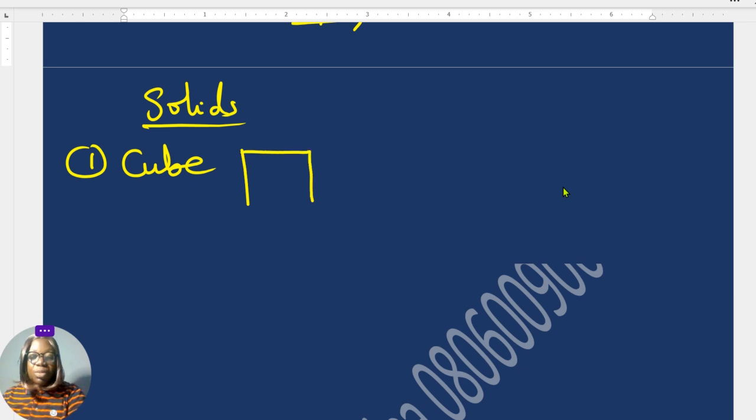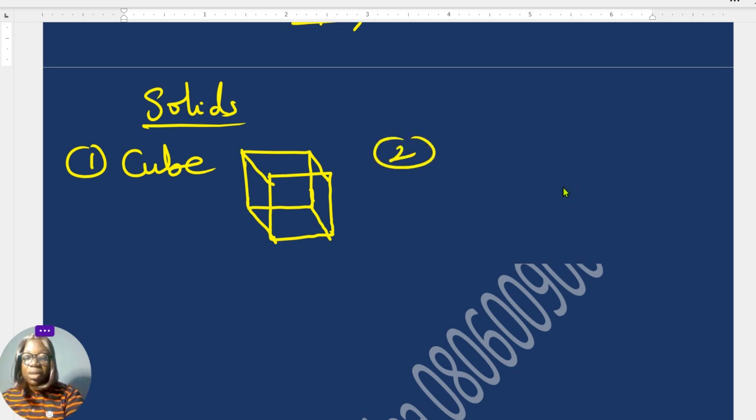Cube is formed using squares. So this is how to draw a cube. All the sides or all the edges of a cube are equal.